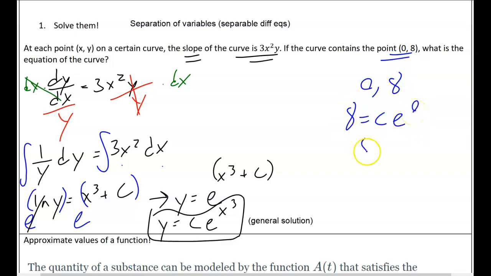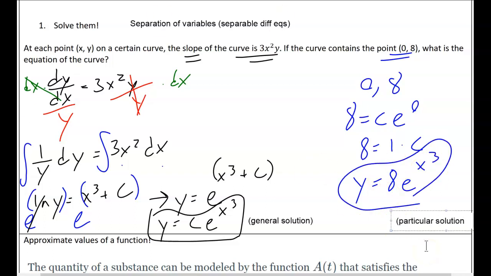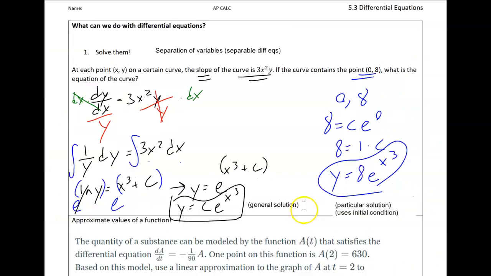That's really 8 is equal to 1 times c. C obviously then is 8. So then my final equation would be y equals 8e to the x to the third. And this is what is called my particular solution. So it uses the initial condition.